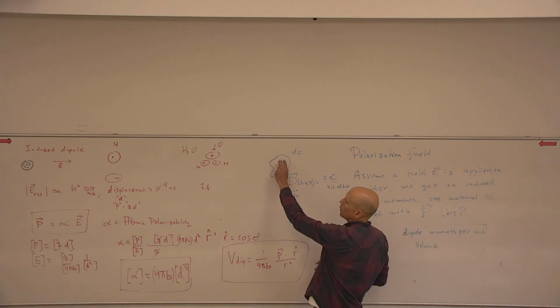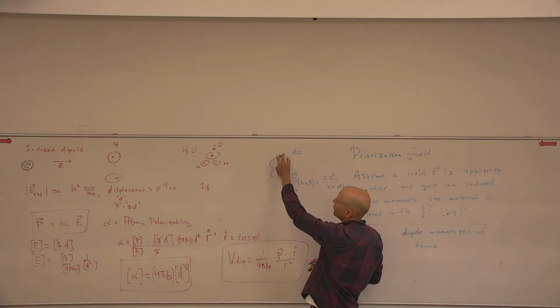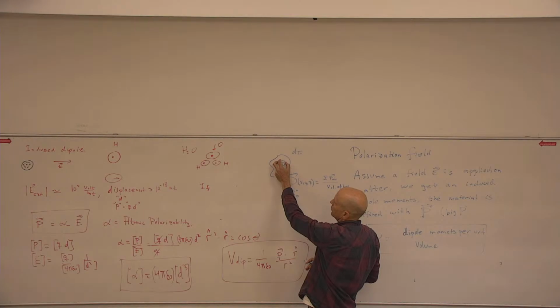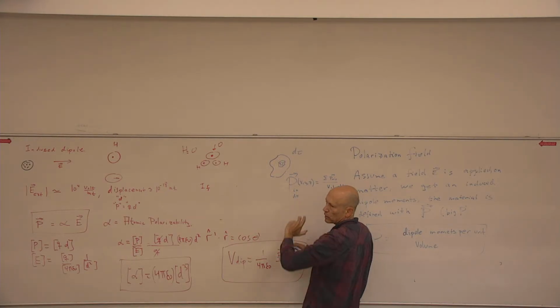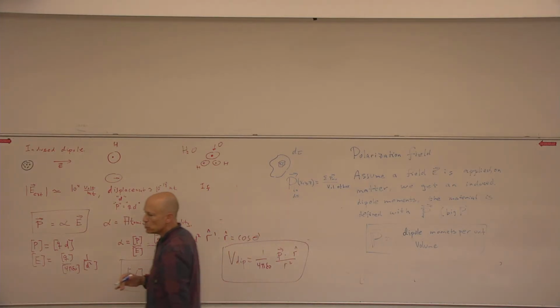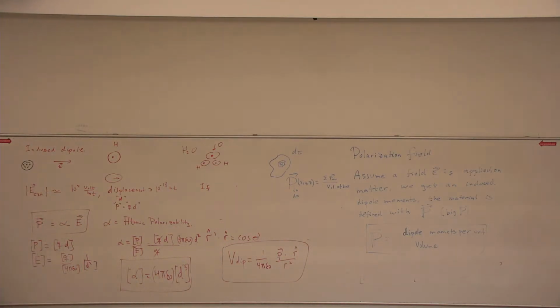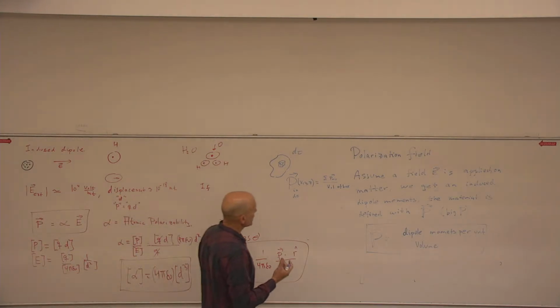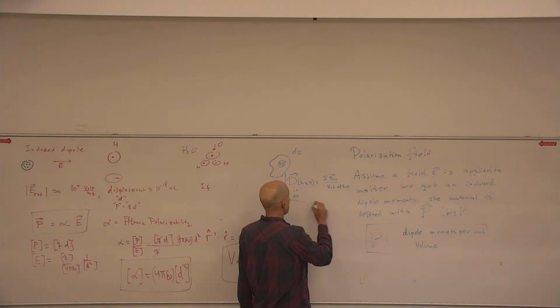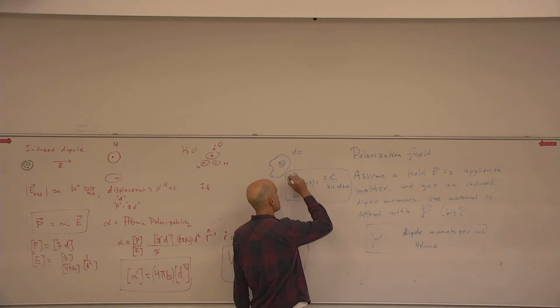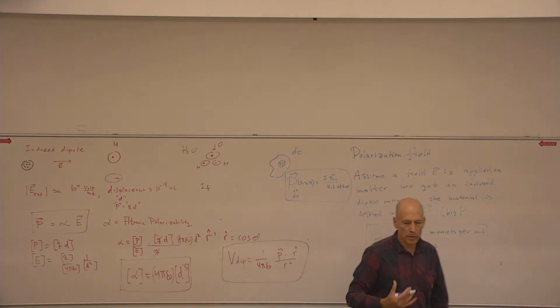So if you have a lot of dipoles, let's say they are all in one direction, this will give you some number, and here let's say you have fewer dipoles, it will give you a different number, and then this polarization field will change in time. Right? An average of the dipole. It's a kind of average, yes, and if the system self-averages, it's an average dipole.